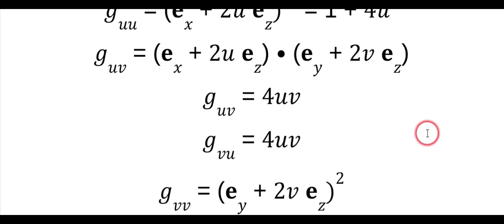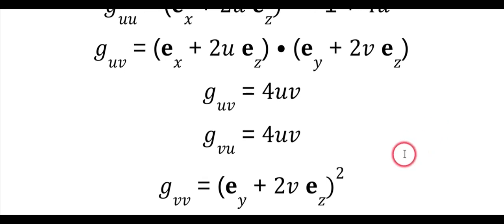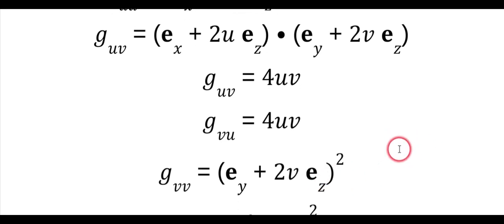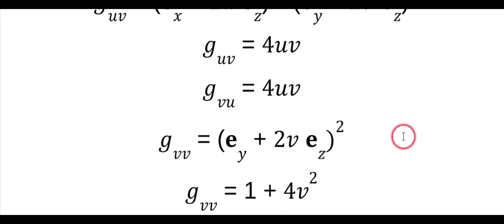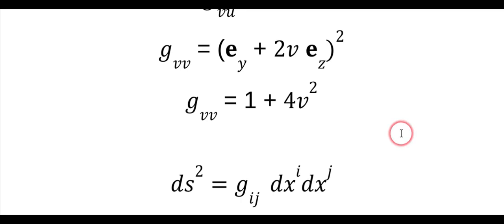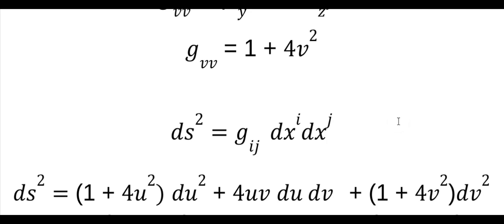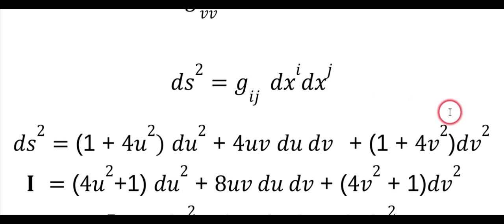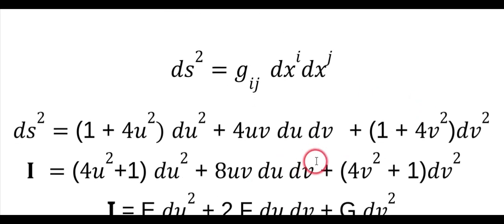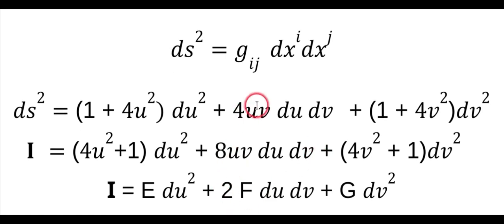And then the last one is EV dot EV, EV squared, and we get 1 plus 4v squared. Alright? So now we got our metric tensor, and we can put that right back into our equation here, and we get exactly the same thing, except remember now they go 2F, so it's half of this, but it's the same thing. So this is the modern way we would do it, and this is the original way he would write it, I think.